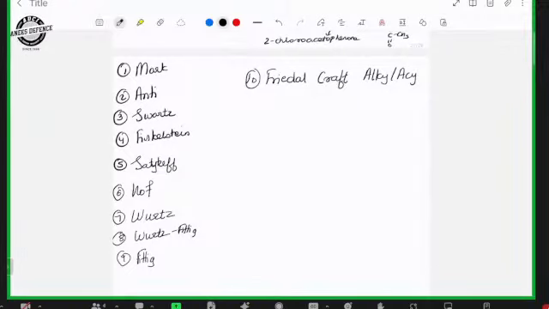For Markovnikov rule, the system should be doubly bonded. The negative part will attach to the carbon having less number of hydrogens. In anti-Markovnikov, again we need a doubly bonded system and the negative part will attach to the carbon having more number of hydrogens, but the reagent should be peroxide. In Swartz, it is halogen exchange.